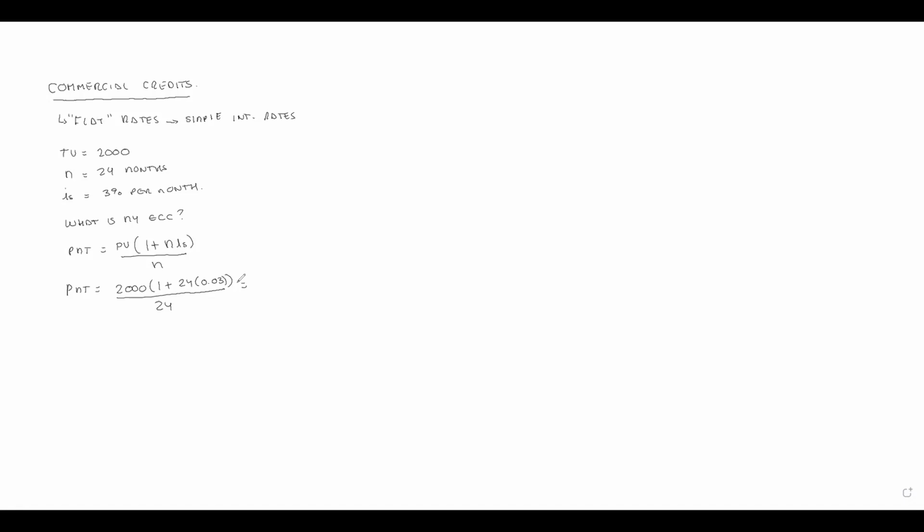So this is 1.72. This is going to be equal to 2,000 multiplied by 1.72 divided by 24. So your payment, guys, is going to be equal to 143.33.